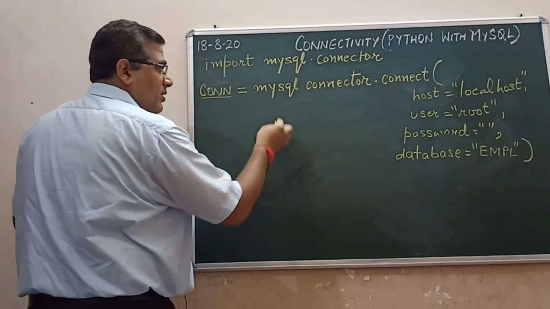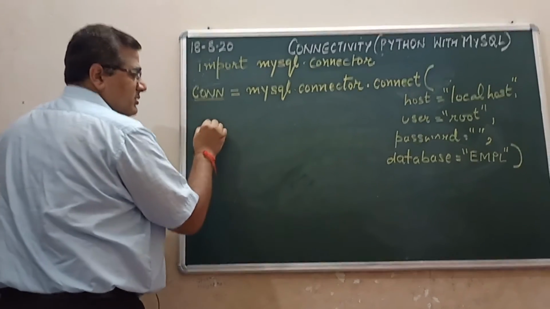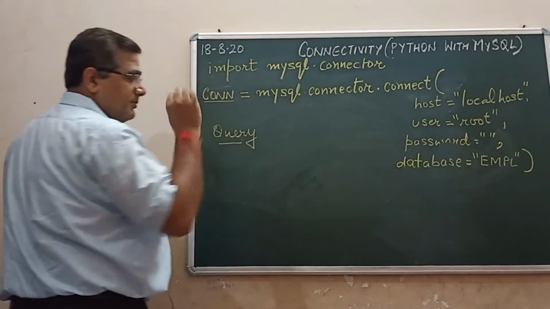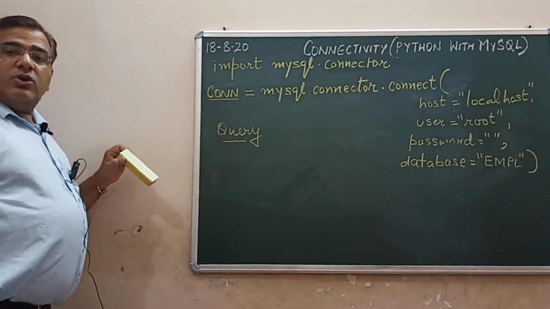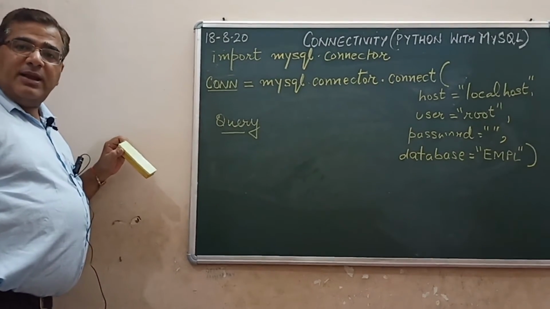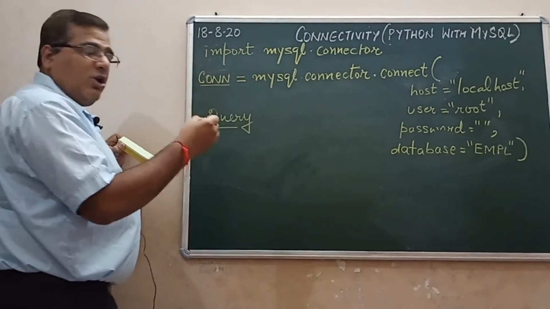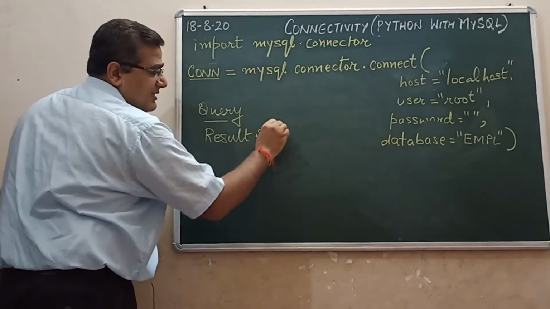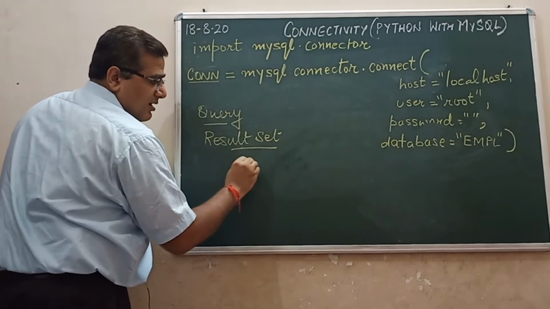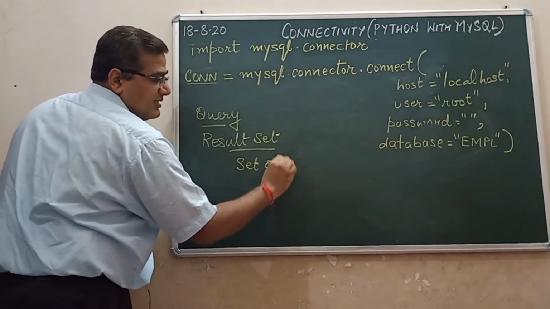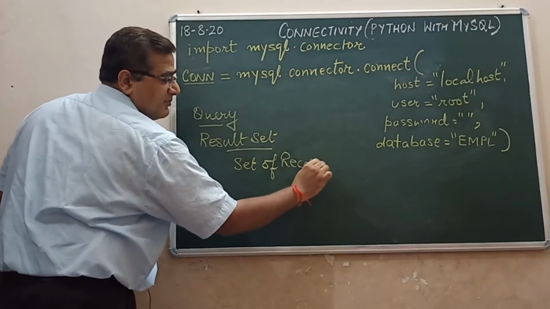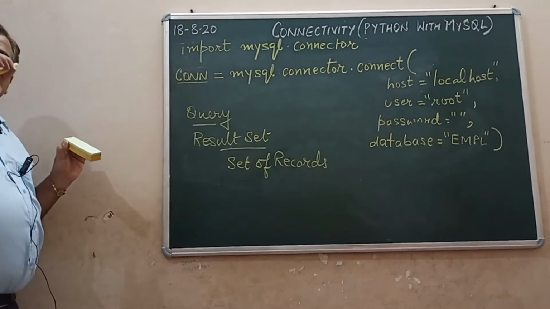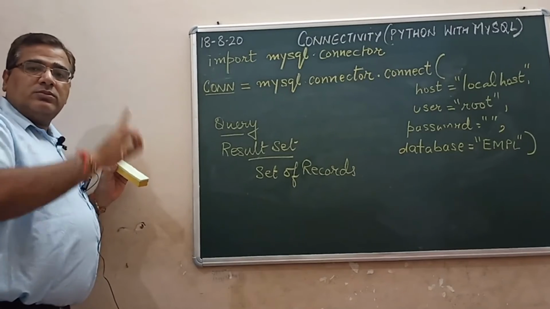Now, suppose you send a query to your table. Related to your query, a result set gets displayed. Result set means set of records. And it will be displayed in one go.